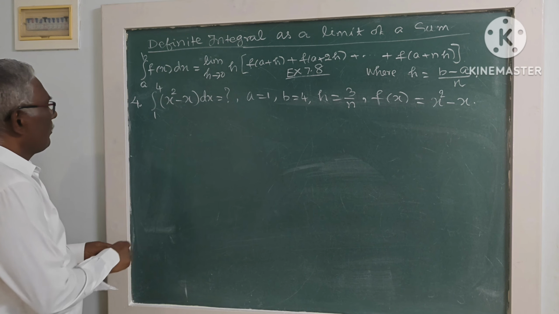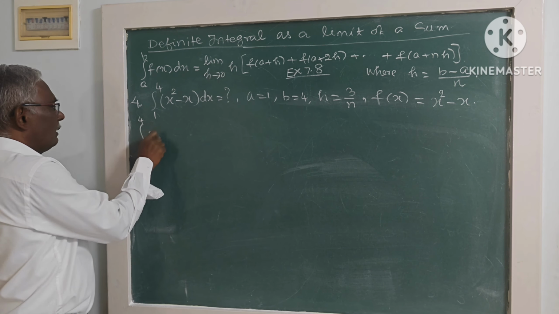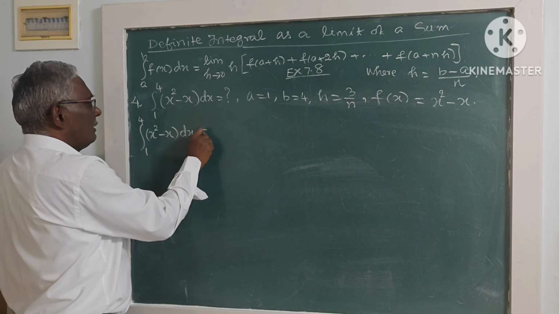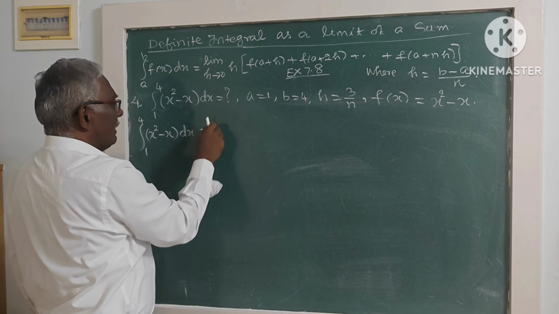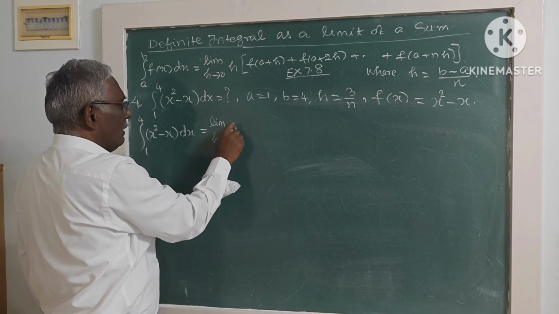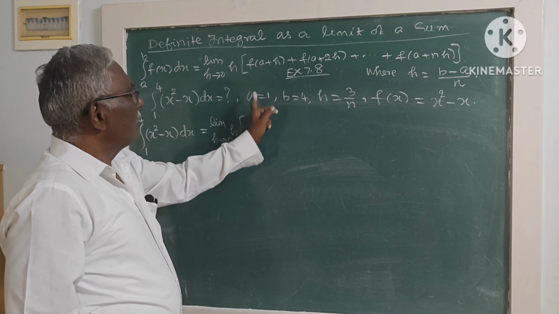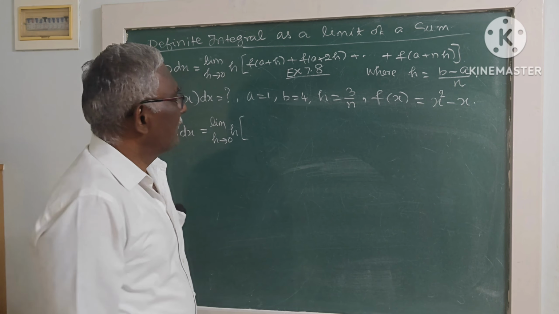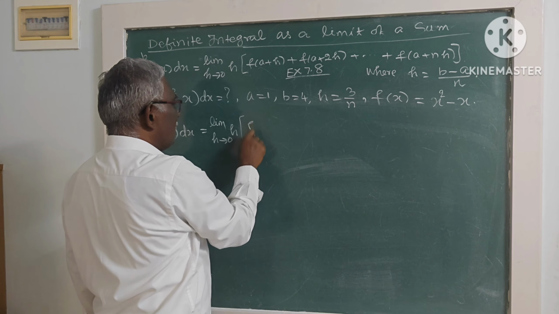Now integral 1 to 4 of x square minus x dx is equal to limit h tends to 0 of h times f of a plus h. So first we will replace a by 1, f of 1 plus h.